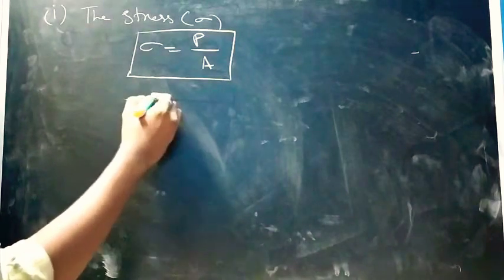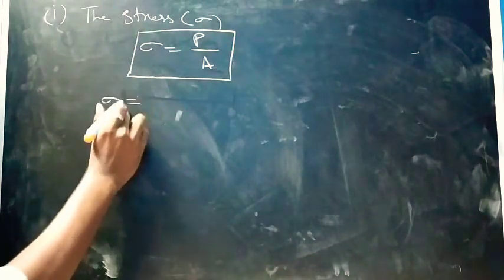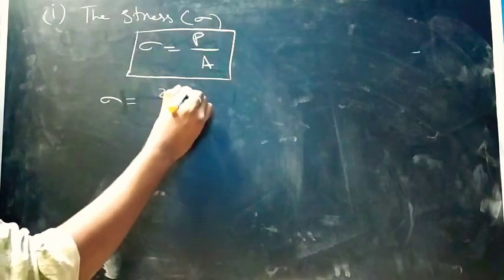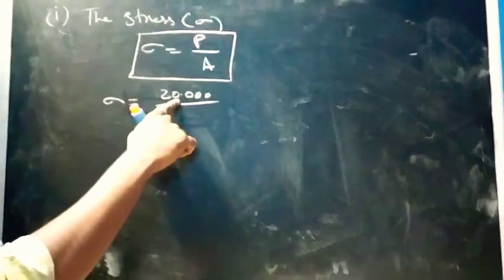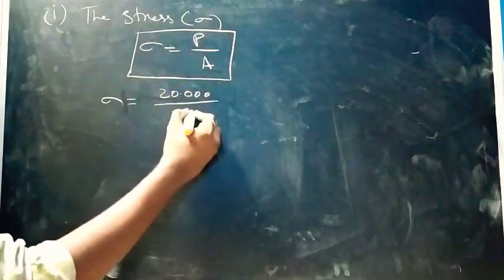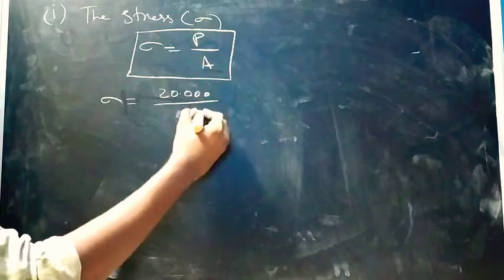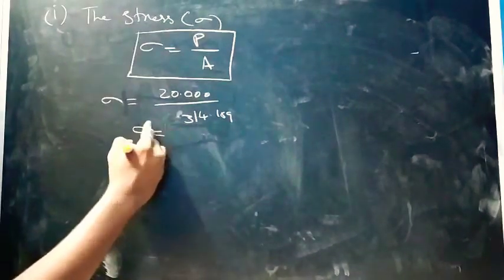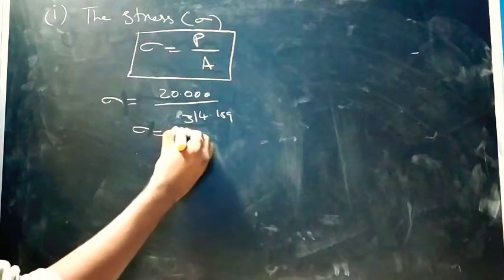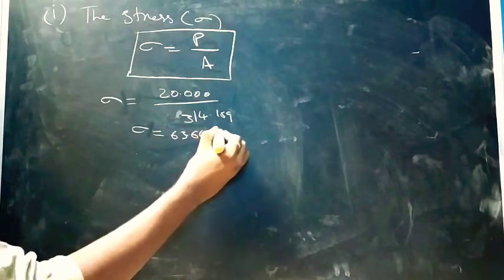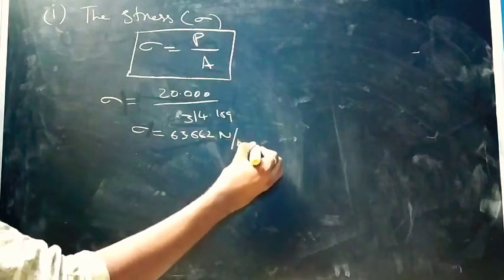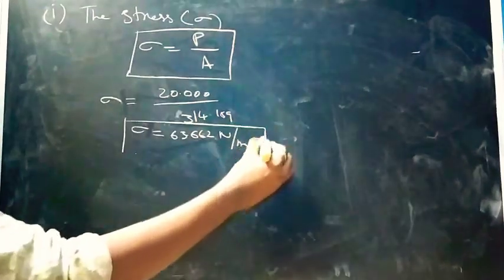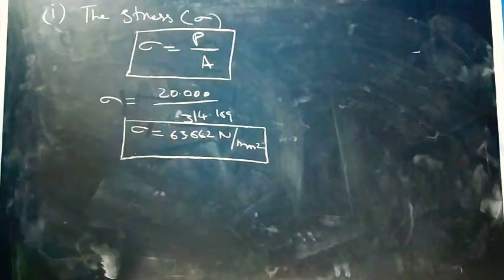We know that force is 20 kilonewton, that is 20,000 newtons, upon the area we got, 314.159. So there we go. The stress is 63, if I am not wrong, please try to correct me, 63.662 Newton per mm square.